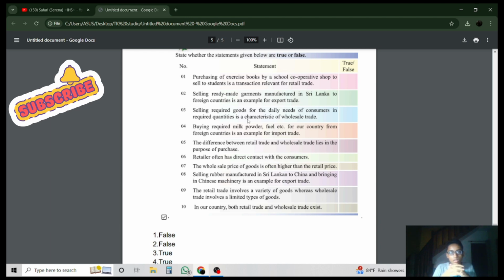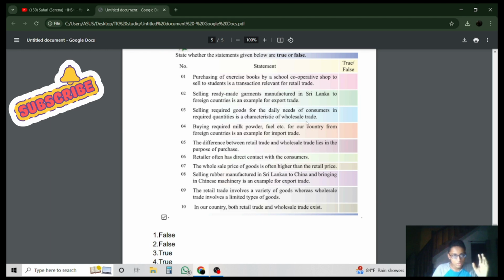Then the second one. Selling ready-made garments manufactured in Sri Lanka to foreign countries is an example of export trade. No, that's false. That is an import trade. Number three. Selling required goods for the daily needs of consumers in the required amount is a characteristic of wholesale trade. No, that's totally wrong. That should be retail trade.